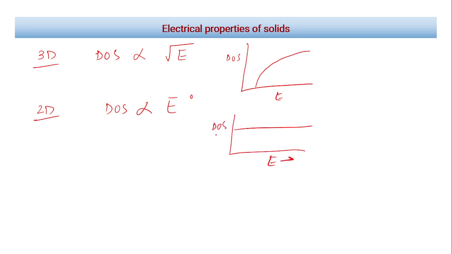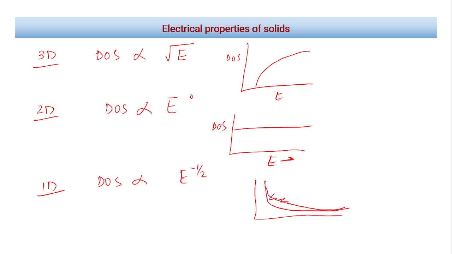When we talk about 1D, the density of states depends like E to the power minus half, and the graphical representation is an exponential decrease kind of. Here the x-axis is energy, the y-axis is density of states. This is how it depends for 1D.